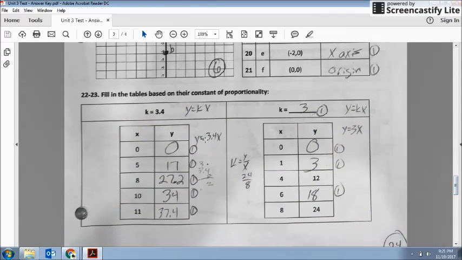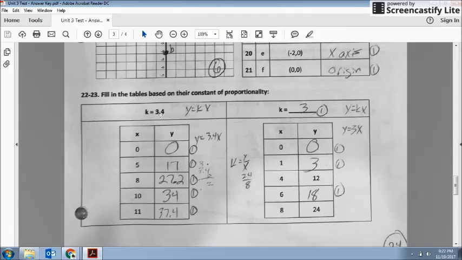For 22 and 23, all we were doing here is either filling in the table based on this k, or over here we were going to try to find what k was and the pattern and then fill it in. So k is 3.4, and we know the formula for a proportional linear relationship is y equals kx.